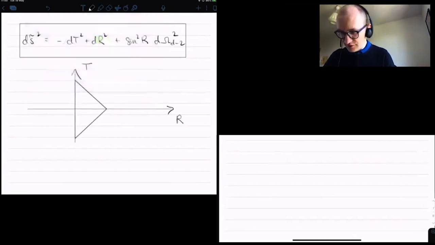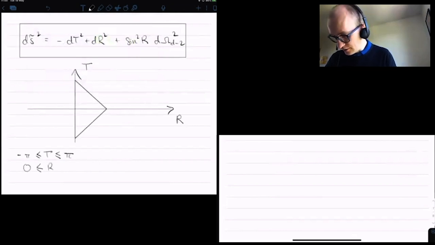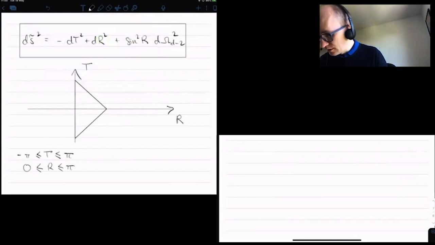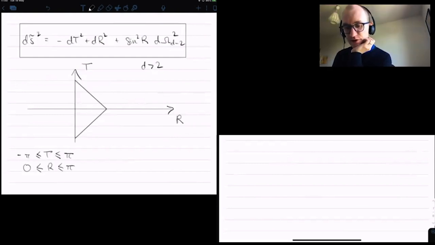Basically the coordinate ranges are minus pi less than t less than pi, and 0 is less than or equal to r is less than or equal to pi. If you just trace through again the changes of coordinates that we've done. I should say that I've basically gone to d greater than 2. The two-dimensional Minkowski space, well, maybe I'll give a little drawing of the two-dimensional one, but what I'm doing here is only true strictly for d greater than 2.